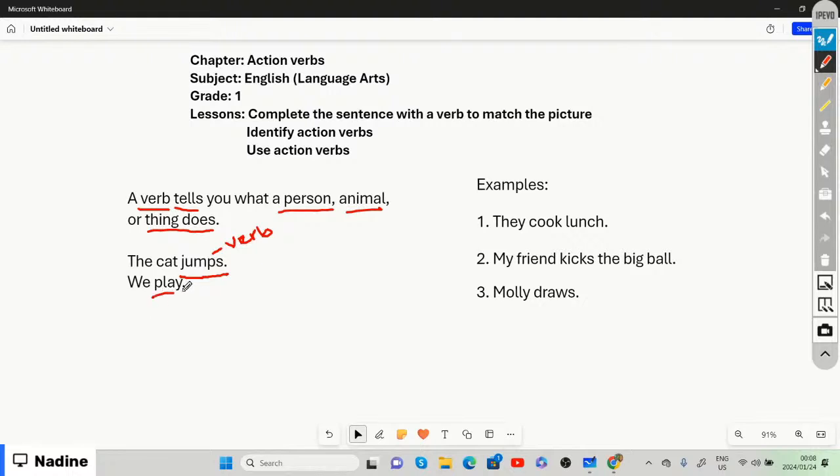We play. So now you're asking yourself, what are we doing? And then we can say we're playing. So this is a verb. So play is a verb, jumps is a verb, right? And if we look at additional examples: they cook lunch.